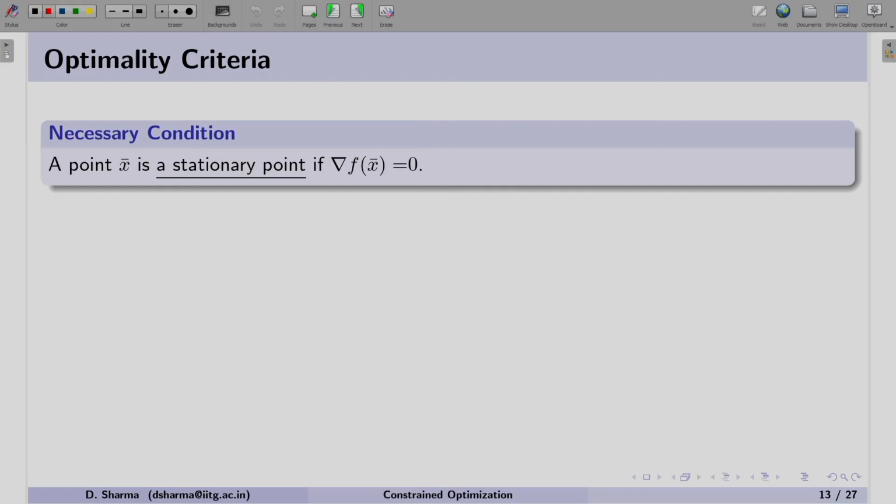So, let us see all these conditions together. The necessary condition says that a point x bar is a stationary point when the gradient of the function at that point is 0. That is the necessary condition, and we have to check it.